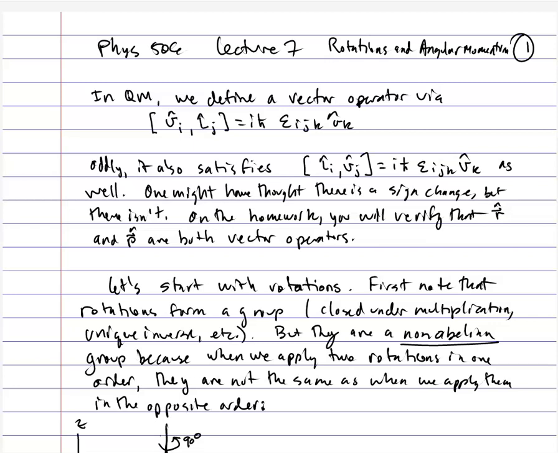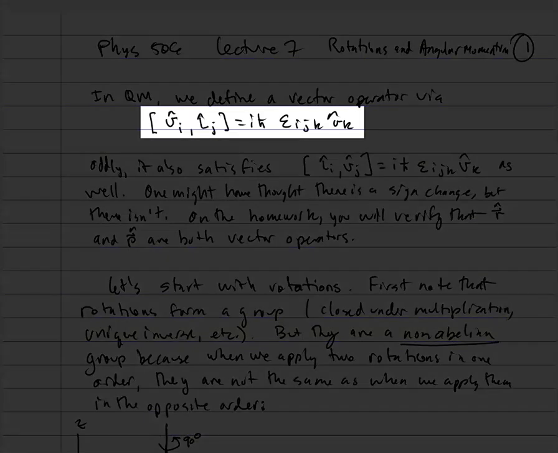So in quantum mechanics, we define a vector operator via the following relation. A vector operator has three components. Those components depend upon what basis I'm working in, but if I work in the Cartesian basis, those components will be x, y, z.